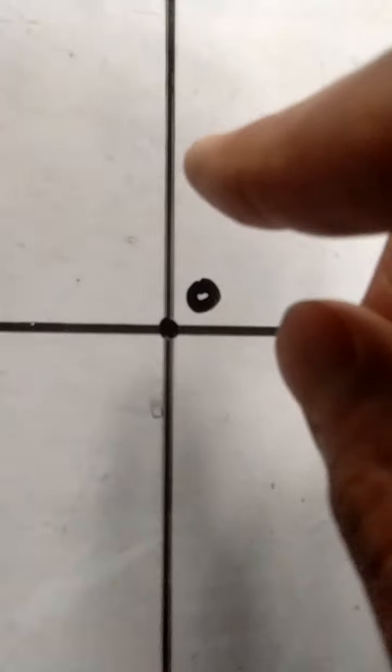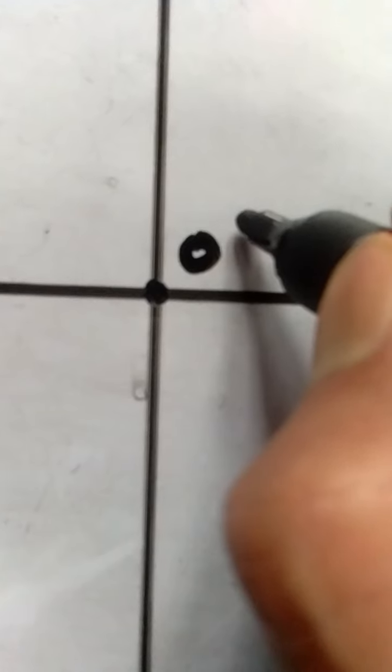That is, where they intersect each other, they form an angle of 90 degrees. Here an angle of 90 degrees is formed. Here also, an angle of 90 degrees. And this point O, where these two lines intersect, is called origin.